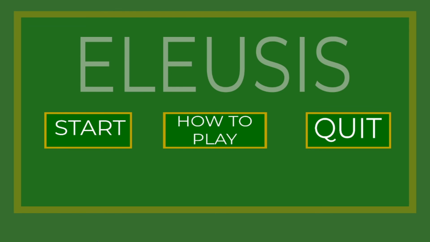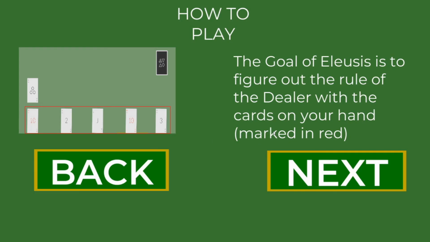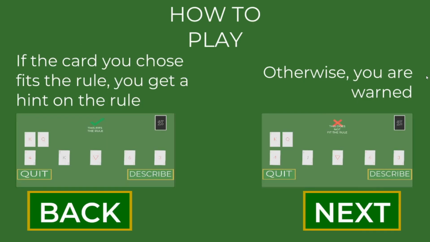This is the tutorial game, thanks to my friend Josh, one of my fellow XX, who made this game over the mid-semester break. So basically, this game is figure out the rule of the dealer with the cards in your hand, marked in red. You choose a card. If it's correct, it pops up on top.